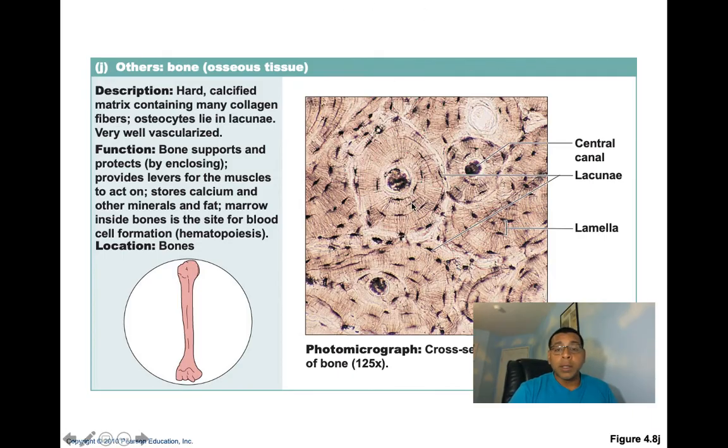You can't see the osteocytes, but we know that's where they'll be found. So grab this osteon: here's the central canal, here are all these lacunae, and in those lacunae you'll be able to appreciate your osteocytes.